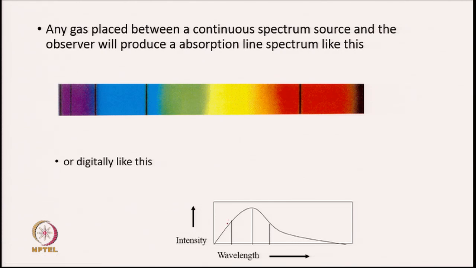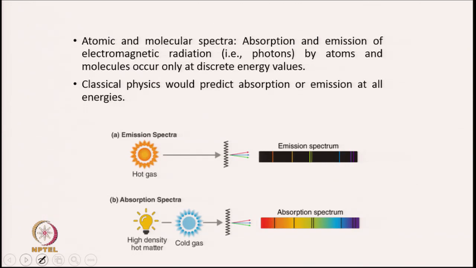So, you can see that at the line here, the light is missing. So, light of these particular wavelengths is missing, because it is absorbed by the sample.